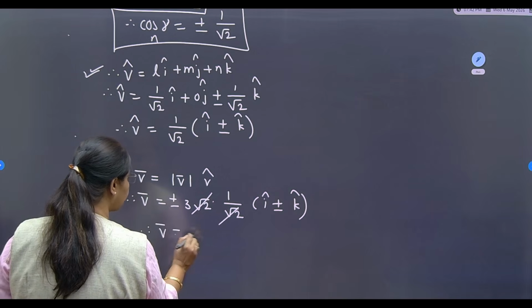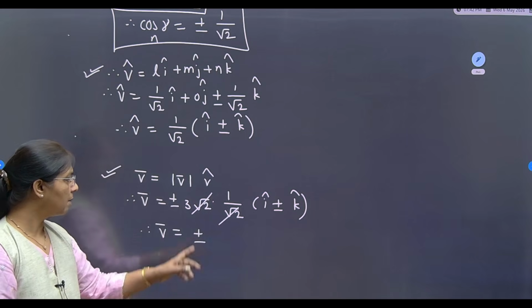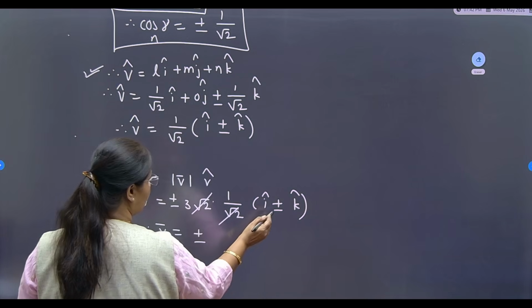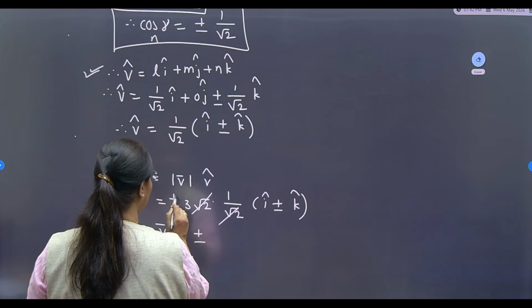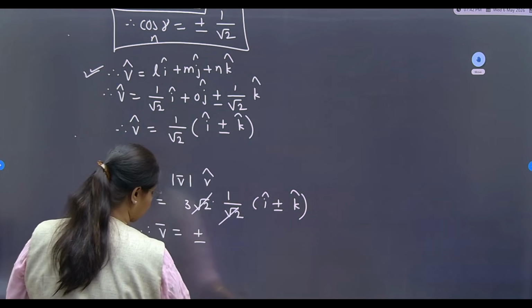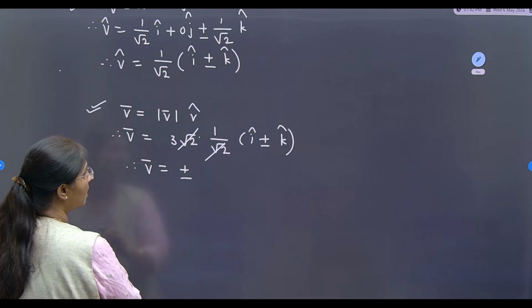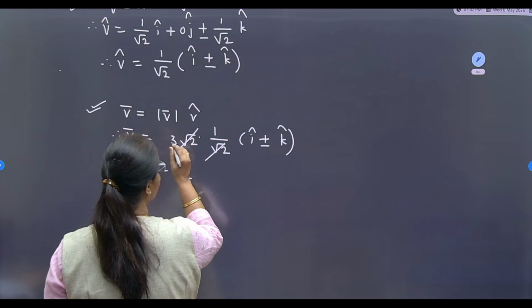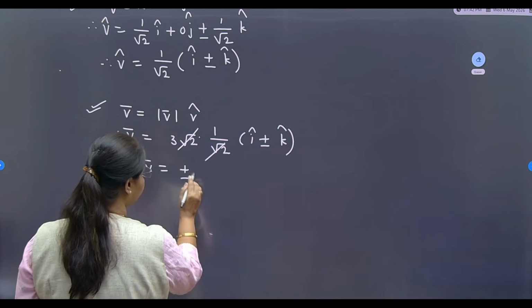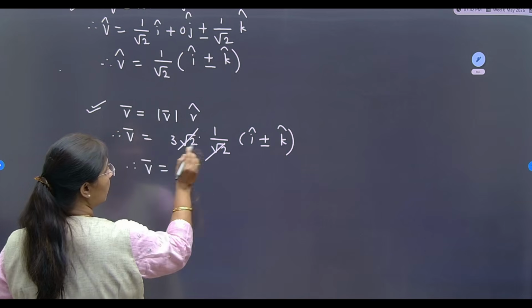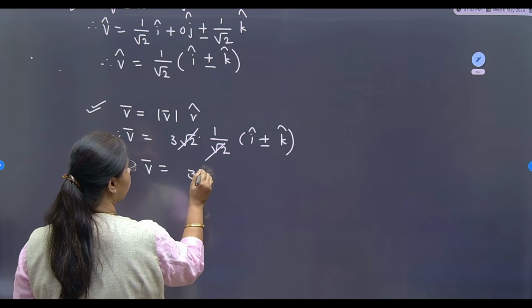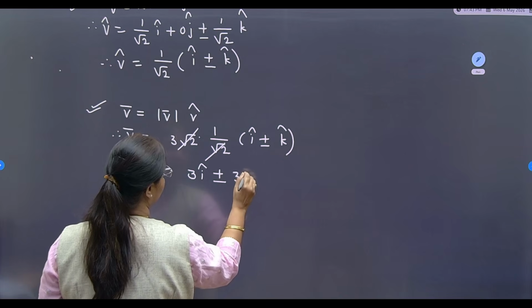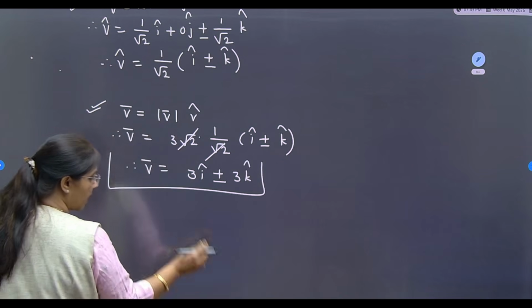Therefore V bar is equal to 3 into 1, 3 i cap plus or minus 3 k cap. This is our required answer.